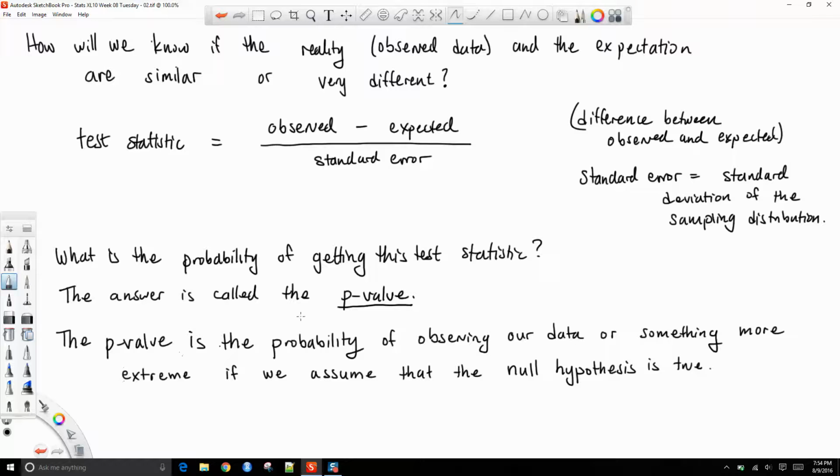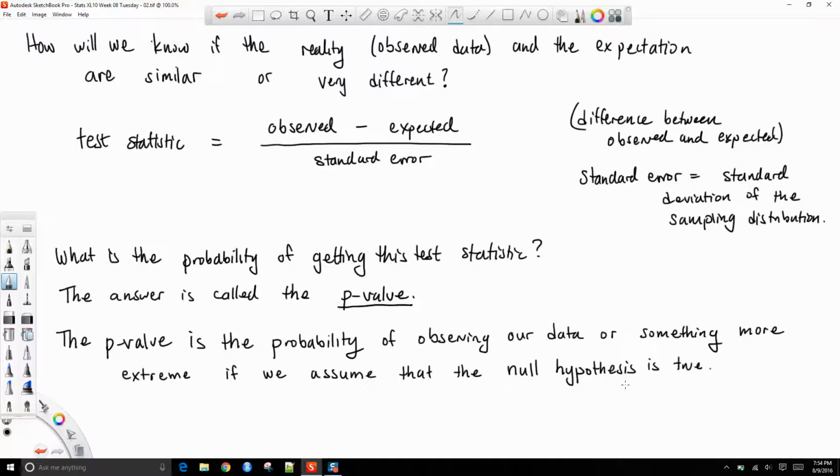Okay? And if it turns out that we are likely to get our data, okay, what's the probability of observing our data if the null hypothesis were true? If the data we get is very probable assuming that the null hypothesis is true, then we have no reason to doubt our belief, our null hypothesis.